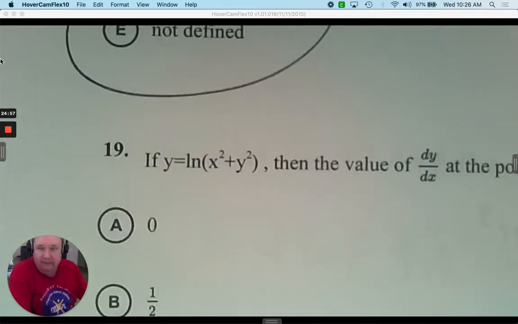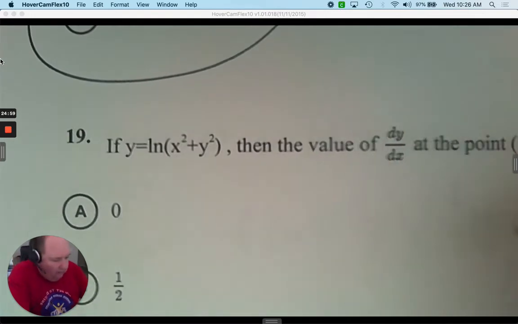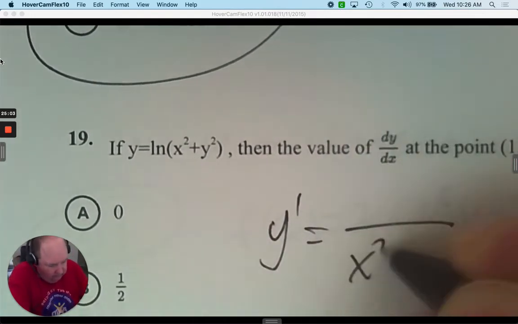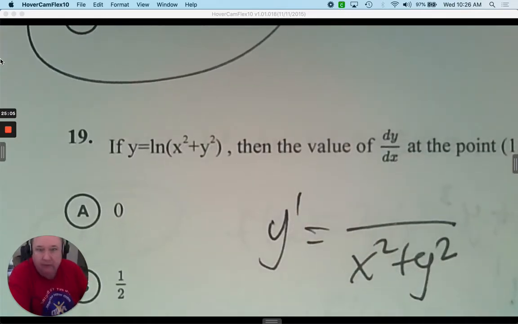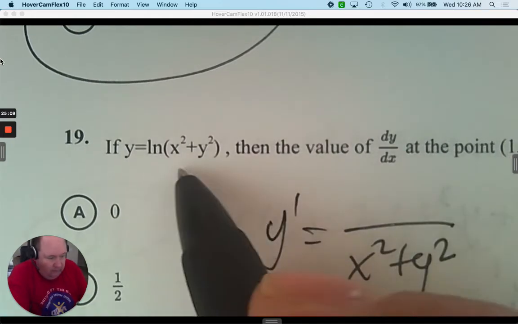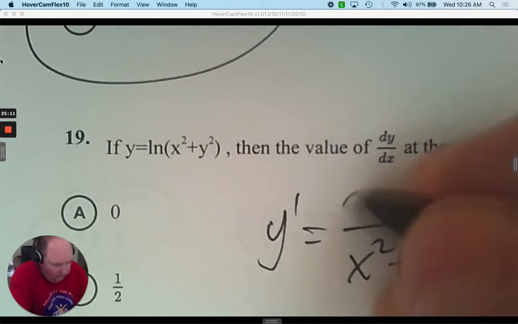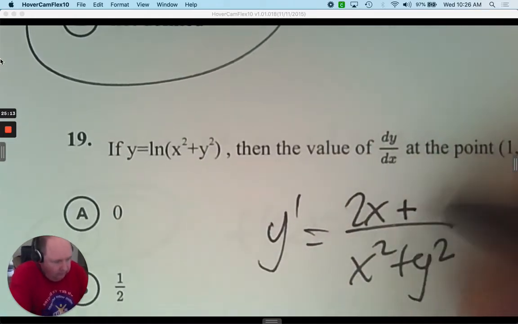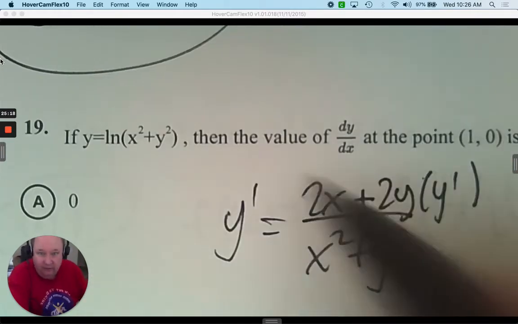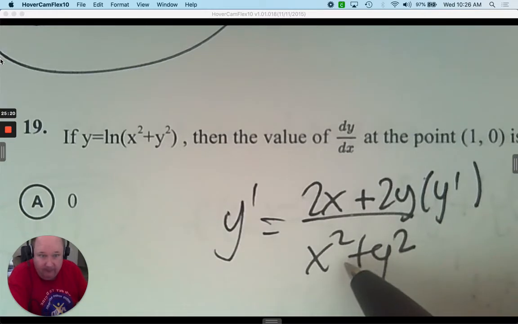Number 19. If y equals ln of that, then what's the derivative? So the derivative of ln is what you see in the denominator, and then the derivative of what you see is the numerator. That's 2x plus 2y, but there's a y prime involved because you're taking the derivative with a y involved.